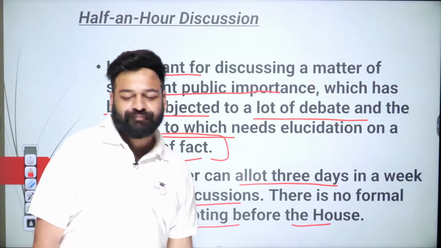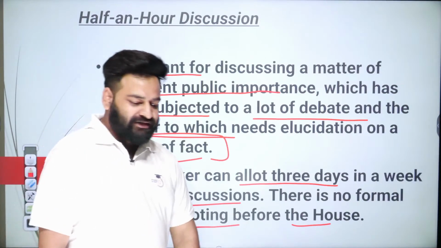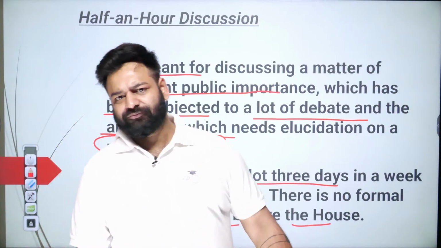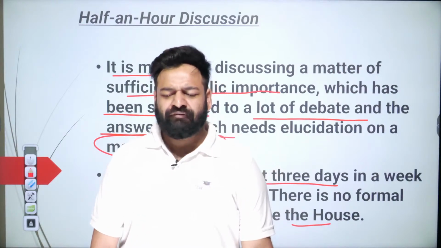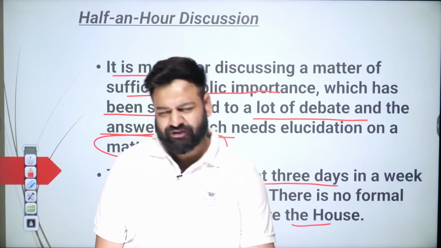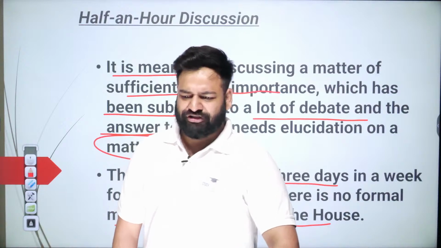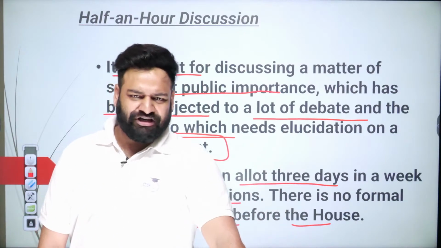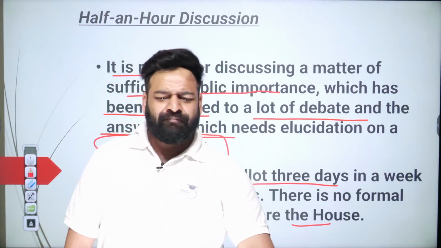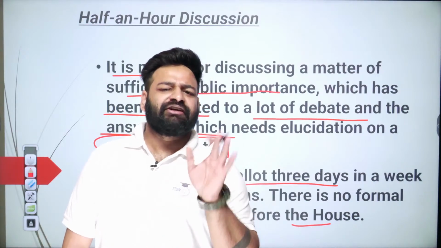voting before the house. What is the concept? Let's say there is a particular point on which endless discussion has been done. There is a particular provision, a bill, or any particular agenda on which an ample amount of discussion has already taken place.